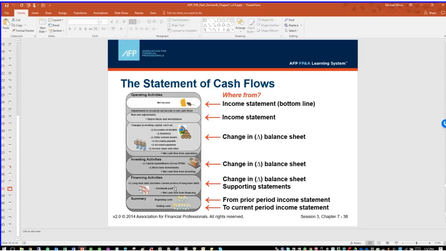So if you have a 5 million loan, but you have to pay back 1 million of that each year, that 5 million will sit on the balance sheet as 1 million in current portion of long-term debt and 4 million as long-term debt. On the statement of cash flows, the change in those lines, both of them go into financing activities.